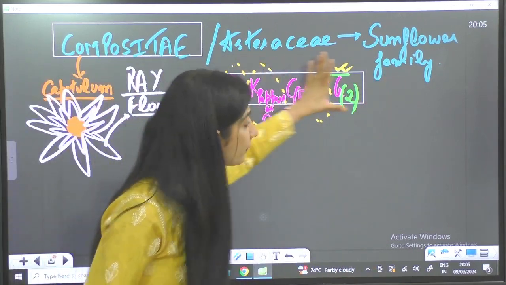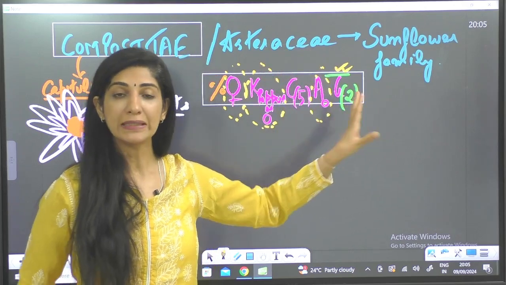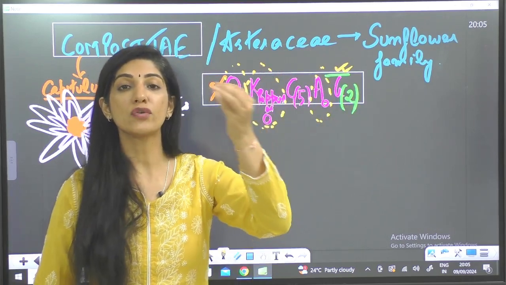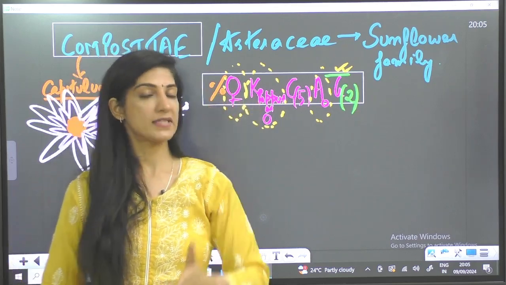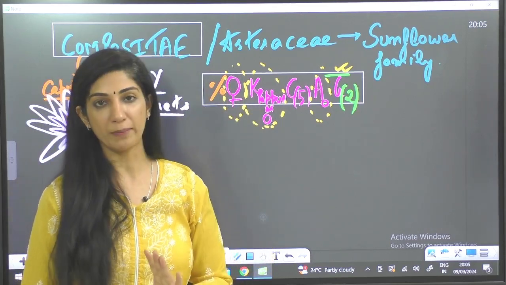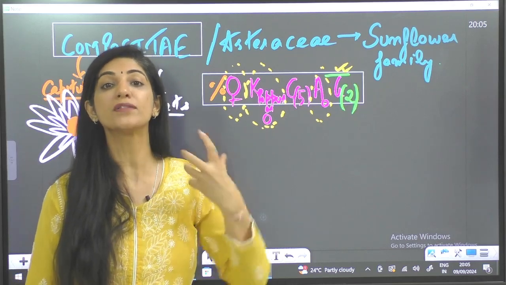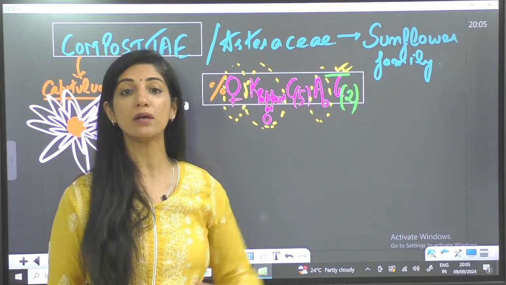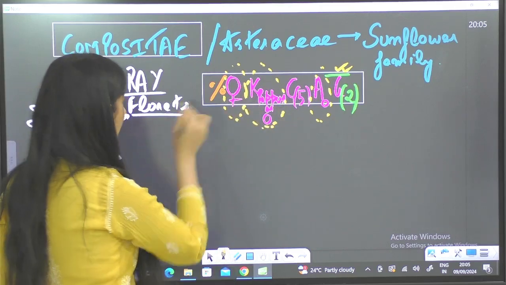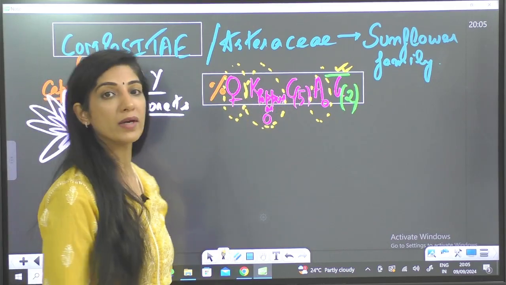Now, if you remember only this much, then the question, which of the following is the correct floral feature of composite family? Instead of mugging up the theory, the smart way is to remember this formula, and we will depict this formula together.